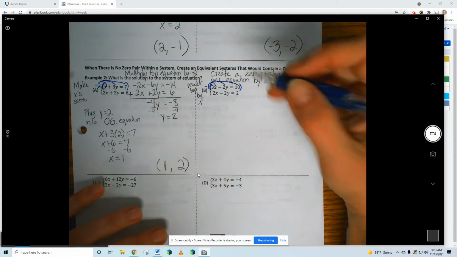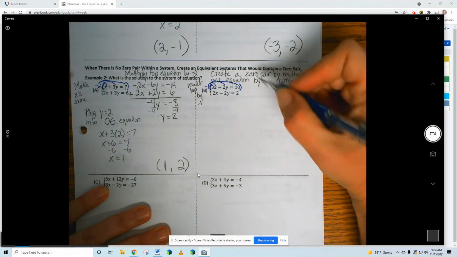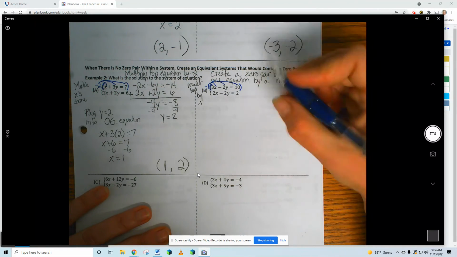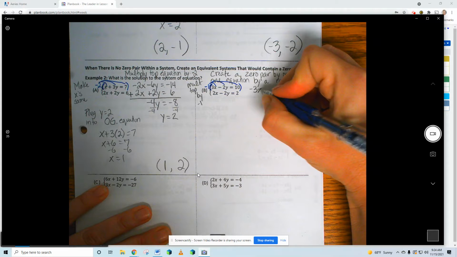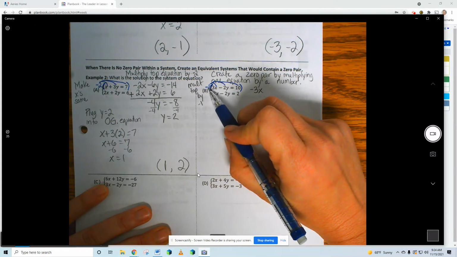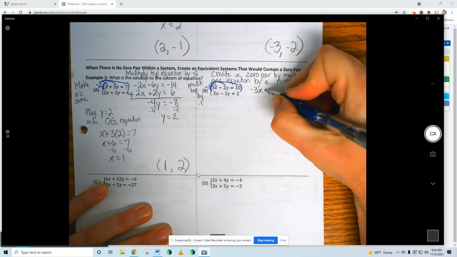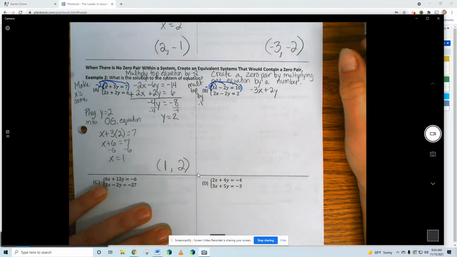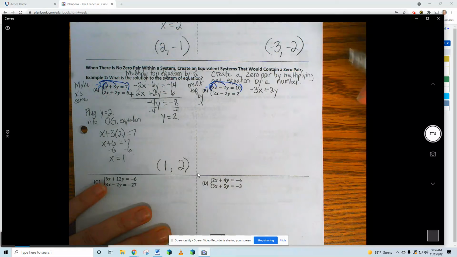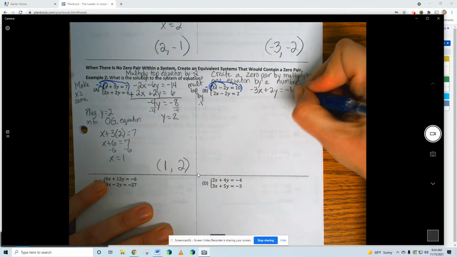All right. My new equation, negative 1 times 3x, negative 3x. Negative 1 times negative 2y, positive 2y. That's good. Negative 1 times 10, negative 10.